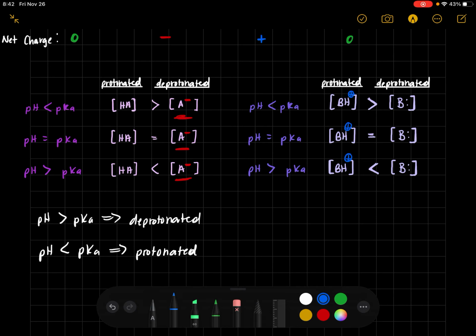Here, this little table lists the protonation states under different conditions. So when pH is less than pKa for acidic side chains, the group is going to be predominantly protonated, and the net charge will be 0. When pH equals pKa, the concentration of the protonated and deprotonated forms will be equal. And when pH is greater than pKa, the concentration of the deprotonated negatively charged form will predominate.